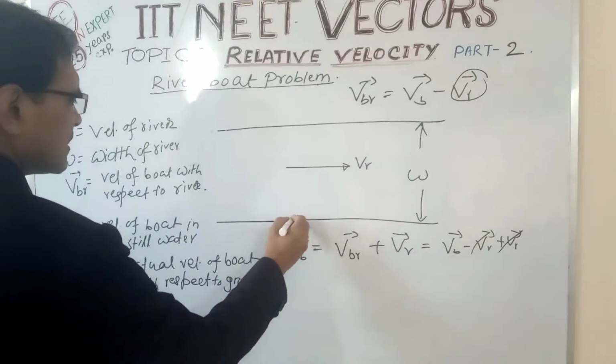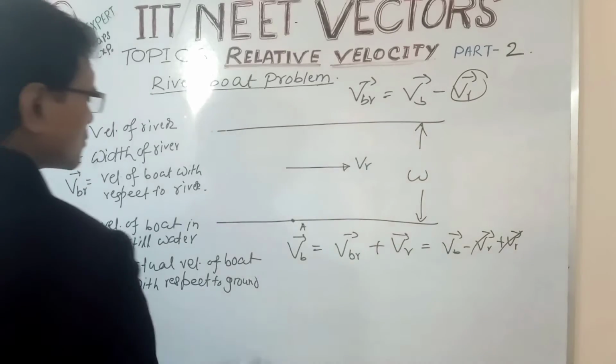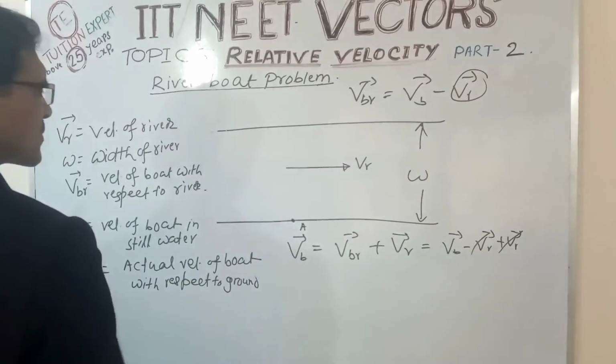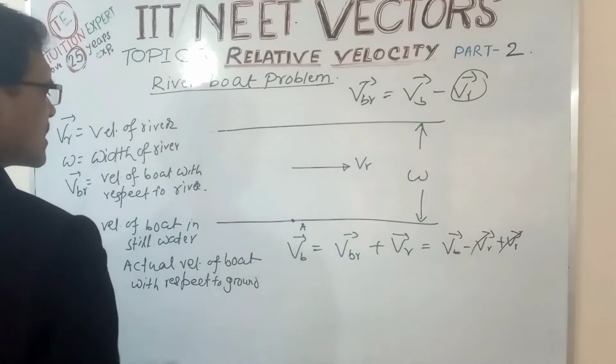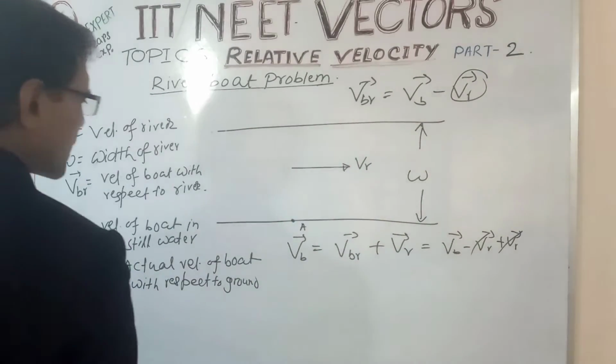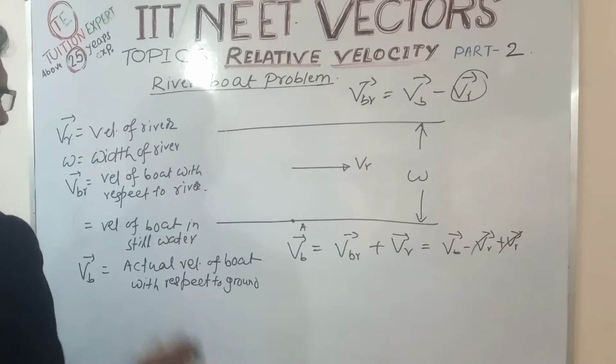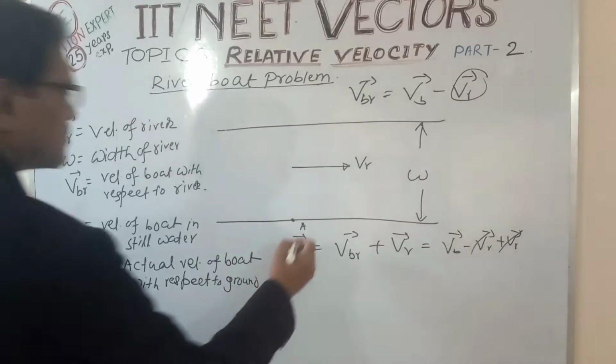Now if a man wants to cross the river, two conditions can be satisfied: one is shortest time and one is shortest path. Now we discuss the general condition, then after that we discuss the special condition.